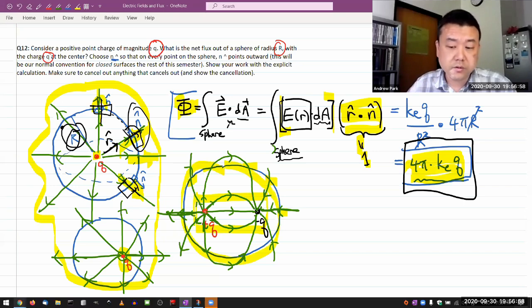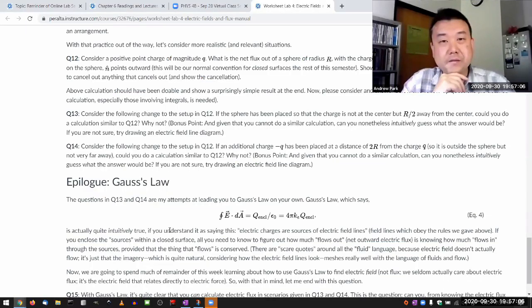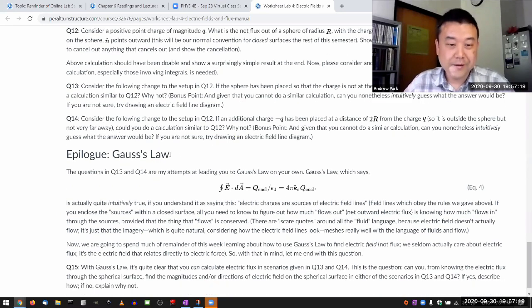What I want to end with is what Gauss's law really says, and which of the electric field line drawing rules are an expression of Gauss's law. So, the questions are leading you to Gauss's law on your own.